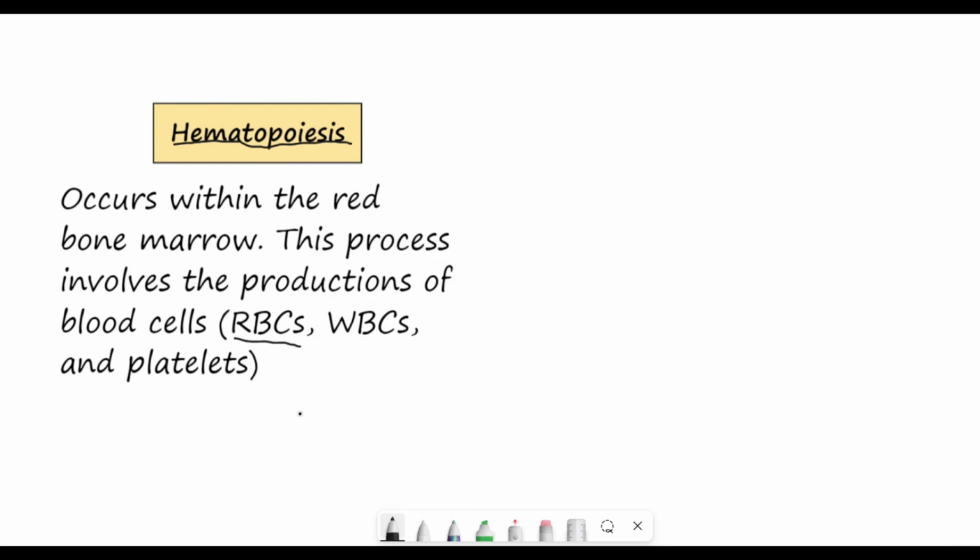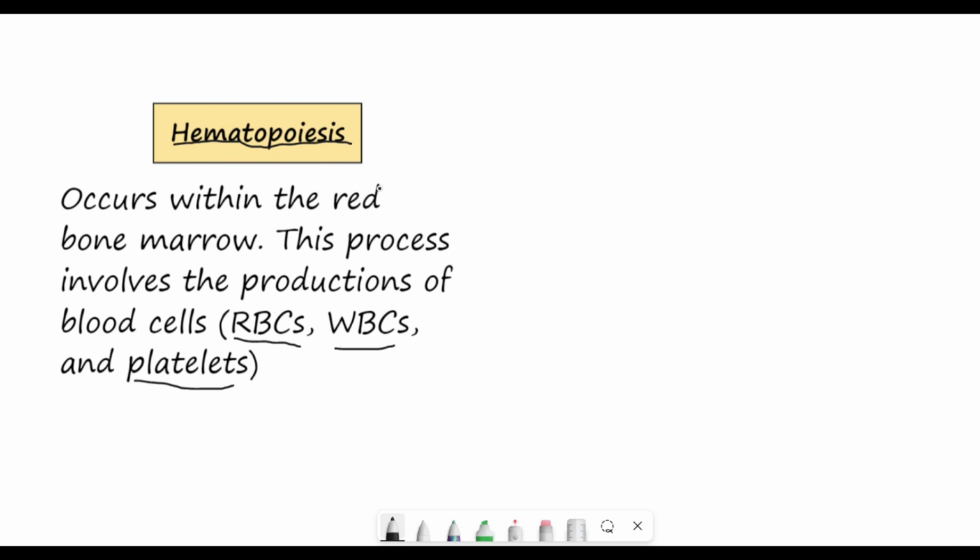So your red blood cells are going to be what carries the oxygen within your body. Your white blood cells are going to be your immune cells like macrophages, T cells, B cells, things like that. And then your platelets, if I remember correctly, is what's used in clotting, like when you bleed. Platelets come and form a sort of barrier to prevent further blood loss.